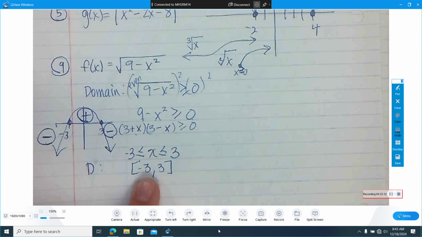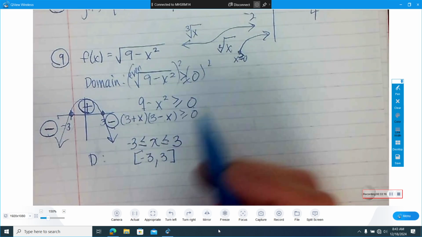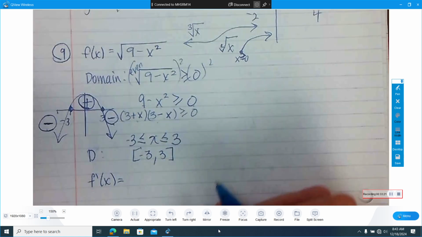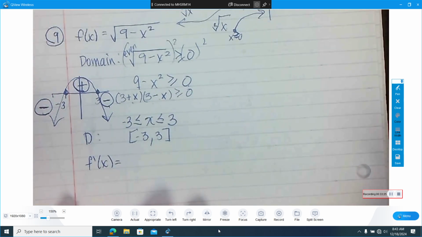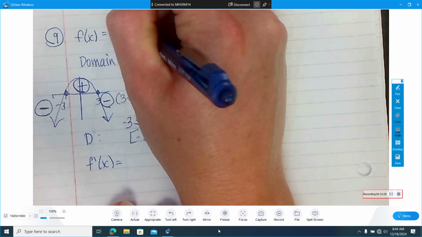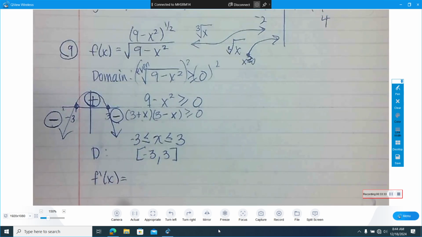Let's see, what else did we need to find? We need to look at the derivative. So f prime, what time are we at here? 8:51. Oh, we're almost done. Oh, darn. All right, we want to look at the derivative. This is 9 minus x squared to the 1/2 power. How do we take the derivative of that?